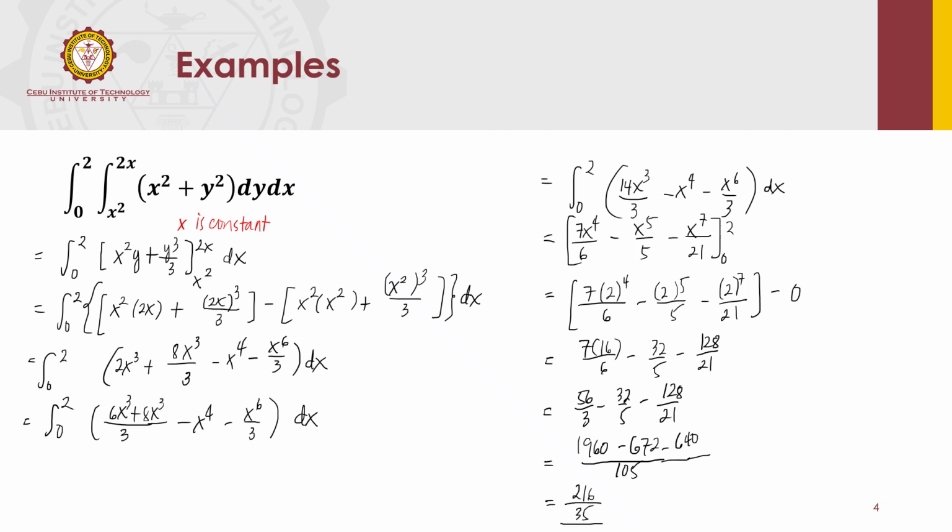So the value of the iterated integral is 216 over 35.